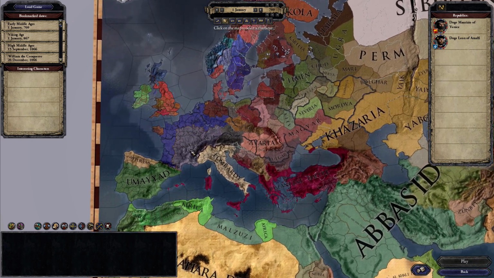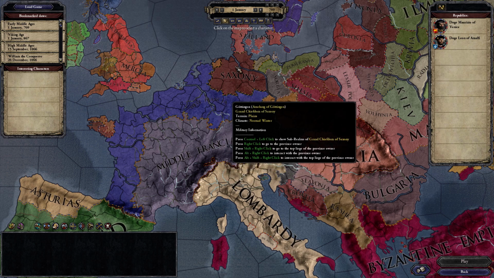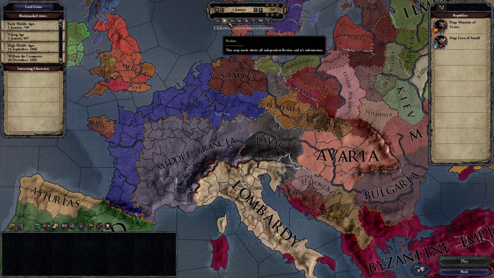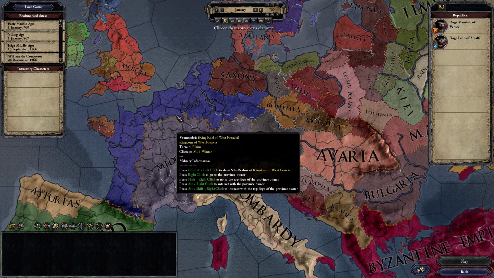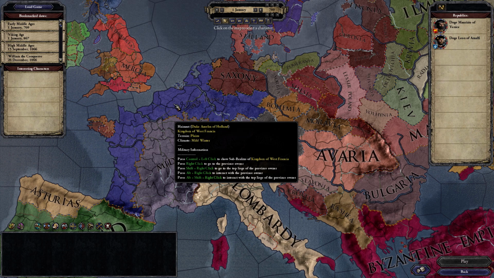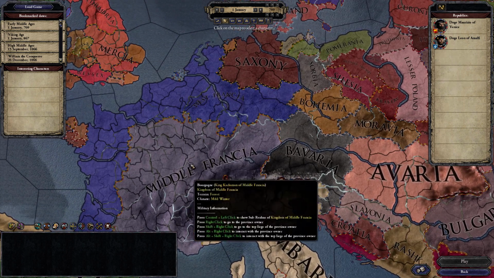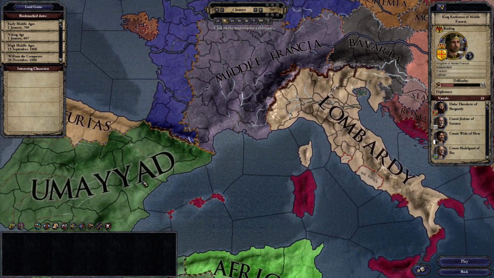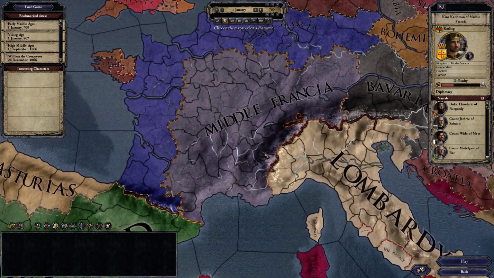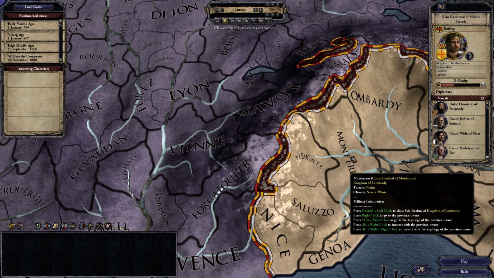not for now. So as you can see, if you click on realms, these are independent realms. They are ruled by one ruler. This ruler is a member of a dynasty, and basically you can play as any ruler you want, as long as it is at least count level.